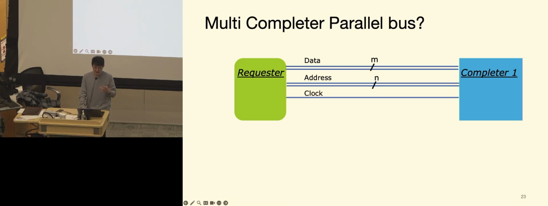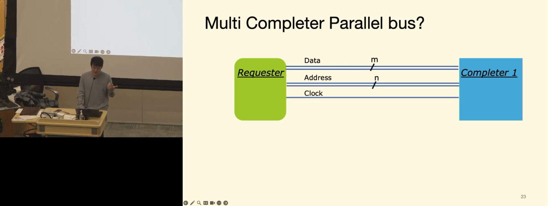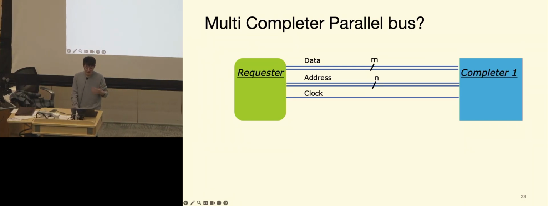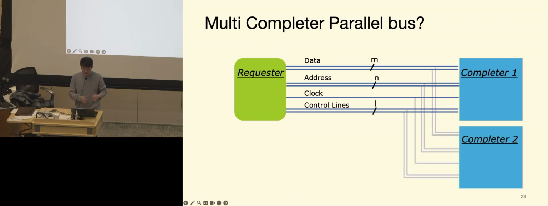The clock is shared with the other components so that everything's synced, and also a bunch of control lines. Some of these will be connected to other parallel completers, and some of them will be individual ones.